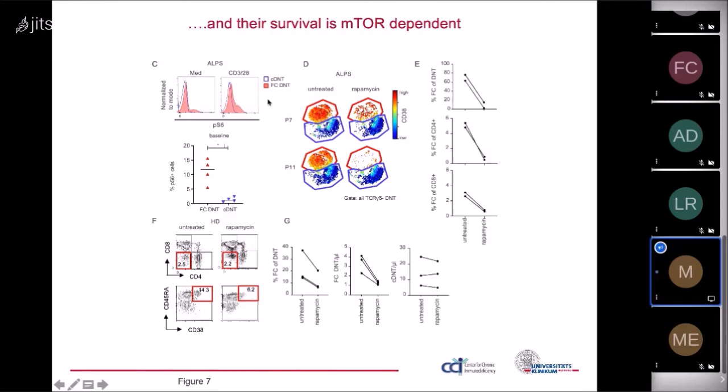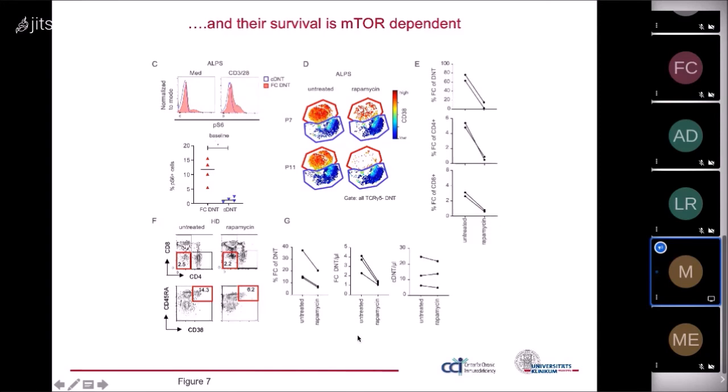We checked then with CyTOF the DNT of 2 patients with ALPS before and after treatment with rapamycin, and we could see a selective decrease in FC-DNT and single positive FC T cells. And that was also very cool.